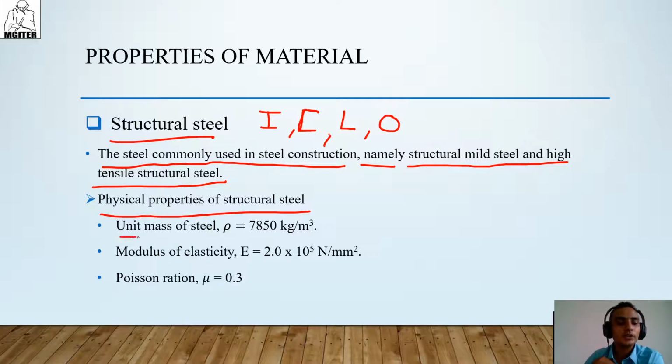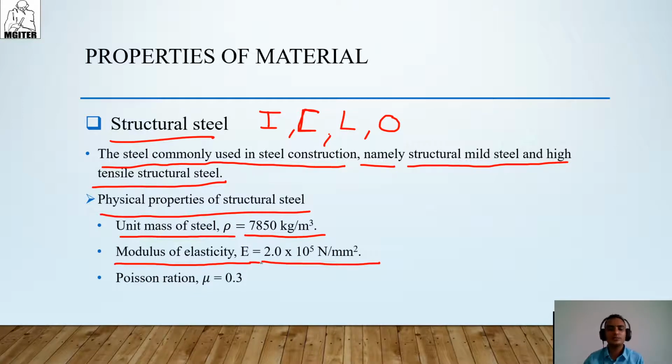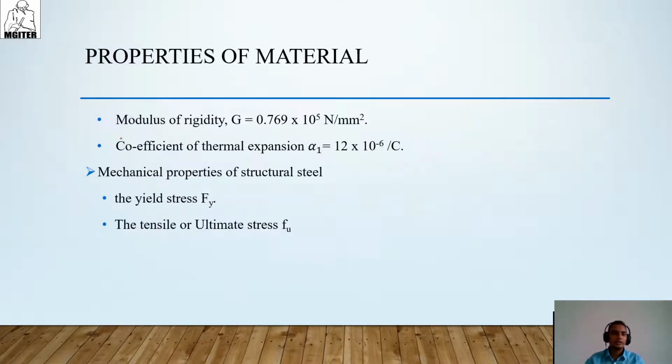Okay. Unit mass of steel rho is equal to 7850 kg per meter cube. Modulus of elasticity capital E is equal to 2 into 10 raised to 5 Newton per mm square. Poisson's ratio mu is equal to 0.3. Then after, modulus of rigidity G is equal to 0.769 into 10 raised to 5 Newton per mm square.